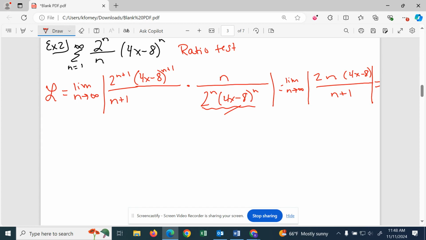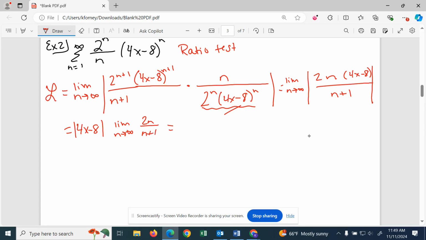Okay, so again, we talked about in the last problem that 4x minus 8 can slide out, but you are going to have to keep the absolute value for the 4x minus 8. So the absolute value of 4x subtract 8 times the limit as n approaches infinity of 2n over n plus 1.